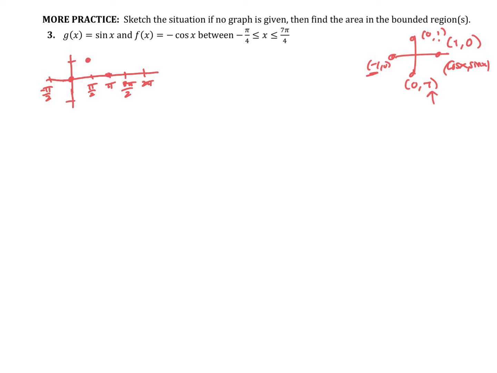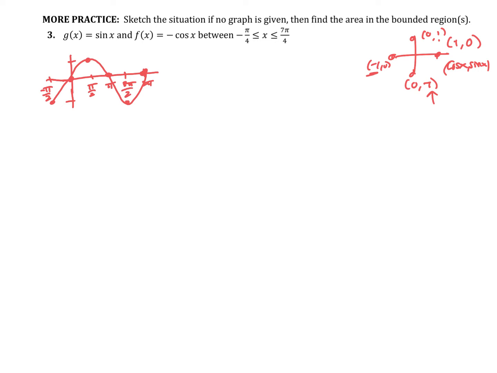Sine of 3 pi over 2 is negative 1. And sine of 2 pi is back up here, which is 0. So we can connect our sine curve here. Now, if we're going to keep going to make the graph keep going, sine of negative pi over 2 would come back down. So we have our curve for sine.